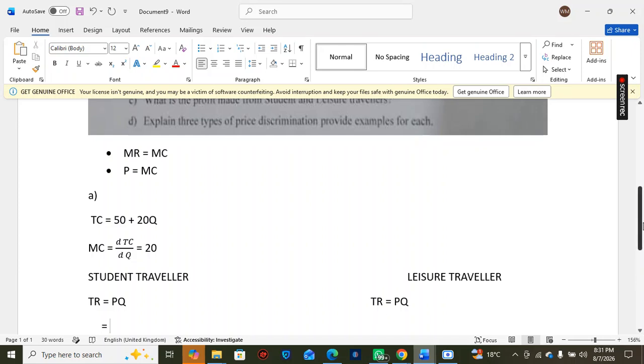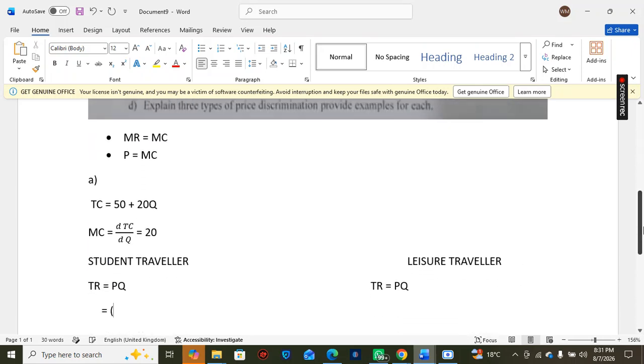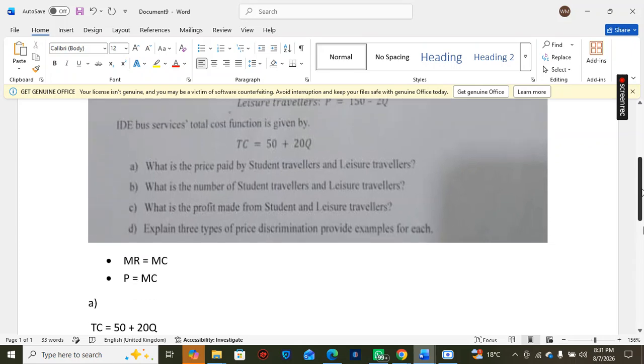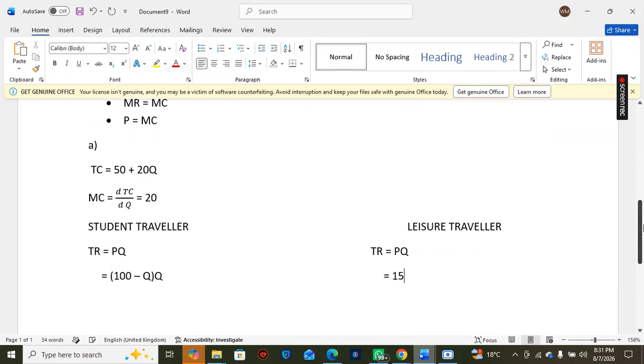For the student travelers, remember P equals 100 minus Q. So it's 100 minus Q, multiplied by Q. For leisure travelers, P equals 150 minus 2Q, multiplied by Q. So we multiply: Q multiplied by 100 gives 100Q, minus Q multiplied by Q, which gives Q squared.